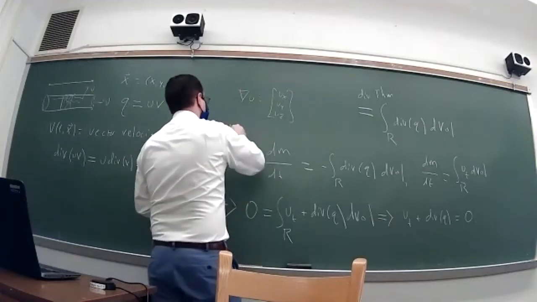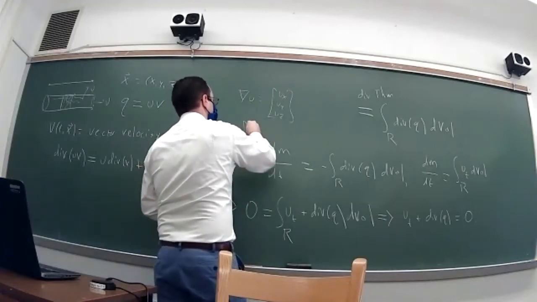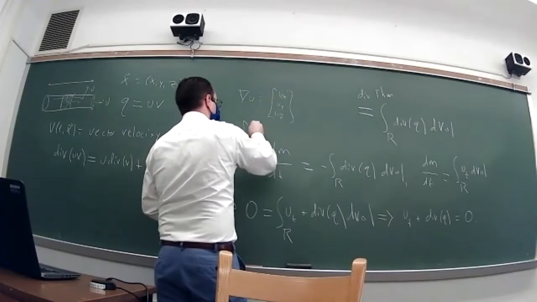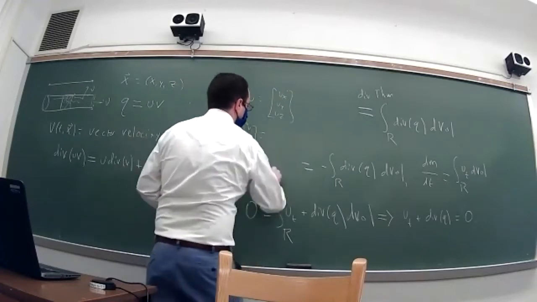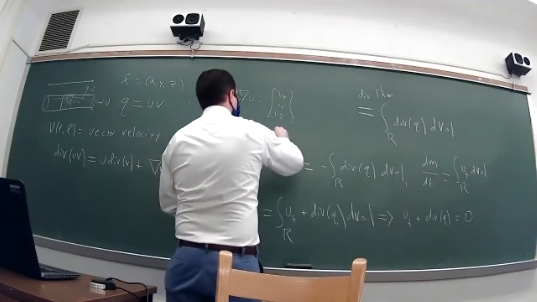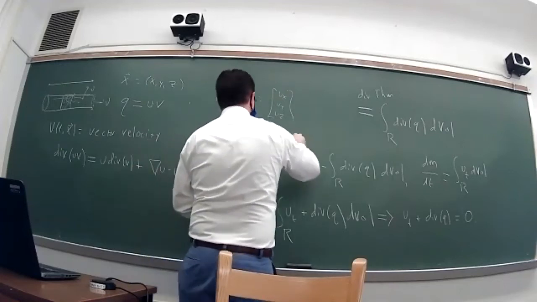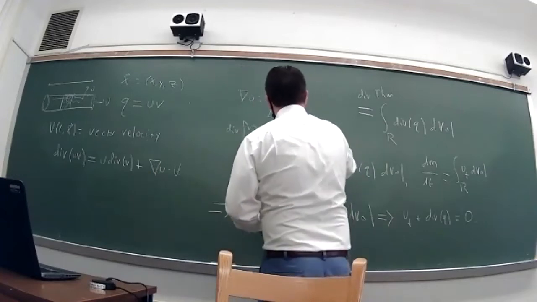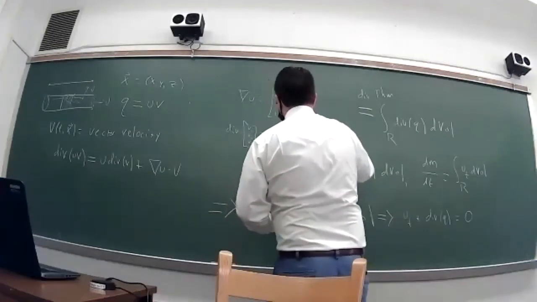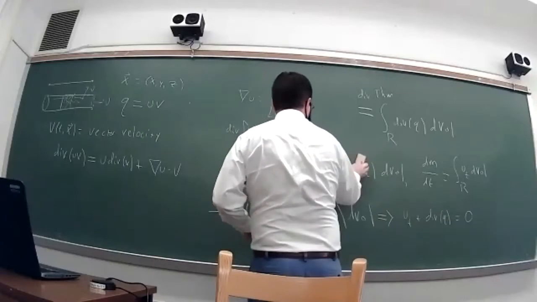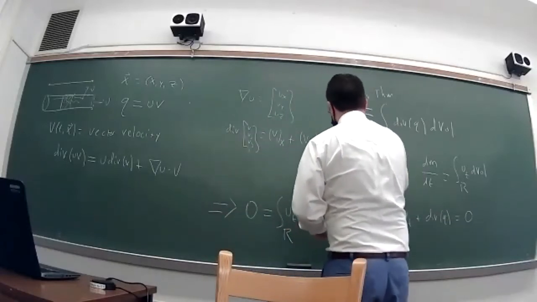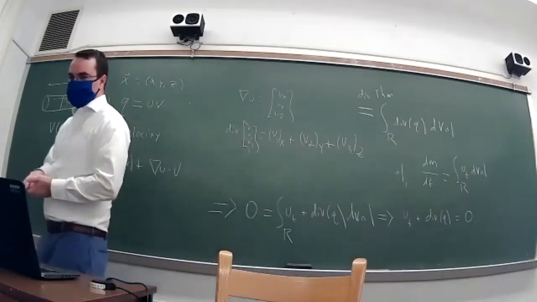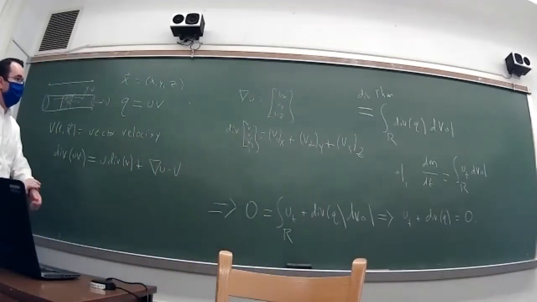The divergence of a vector v = (v1, v2, v3) should be the sum of all the partials.